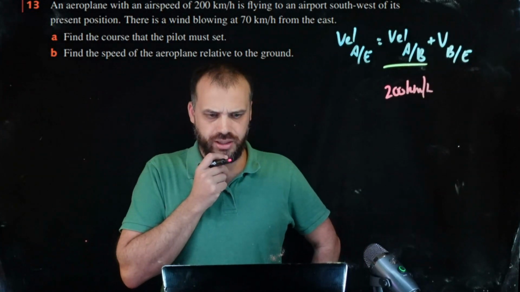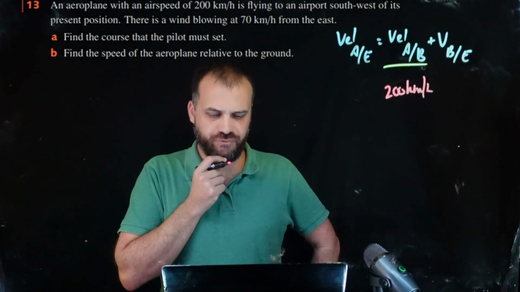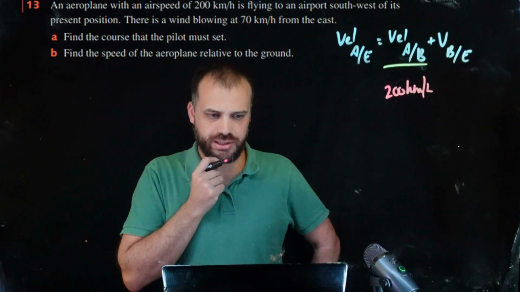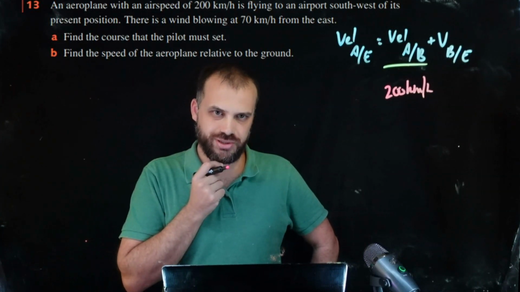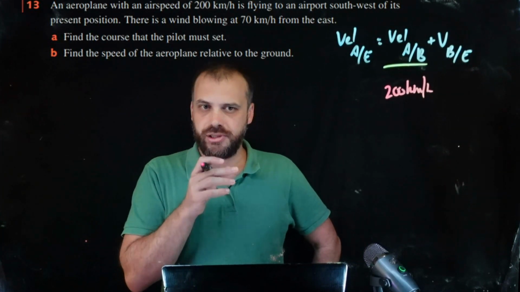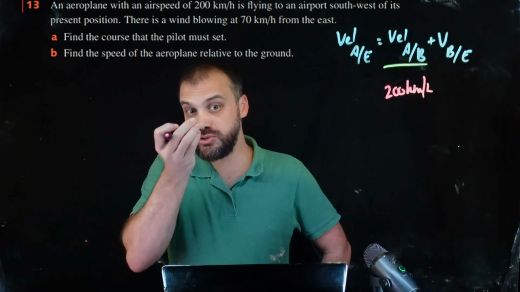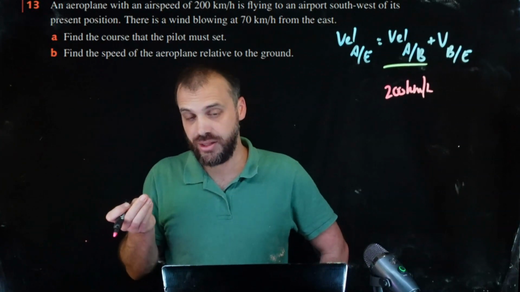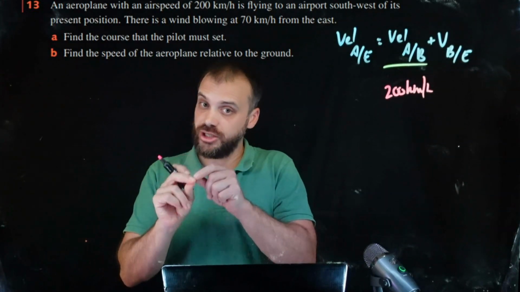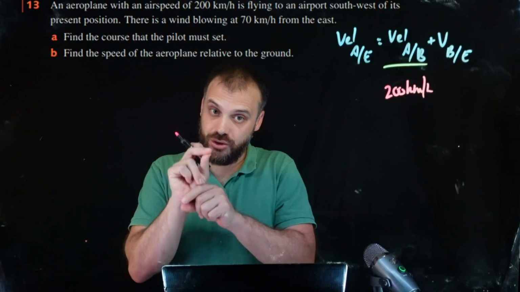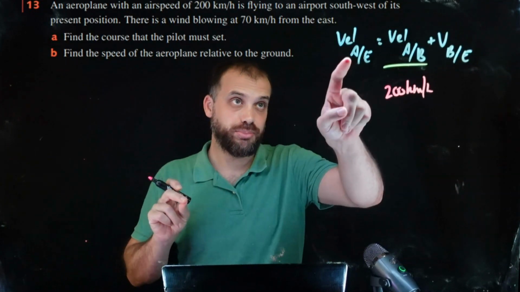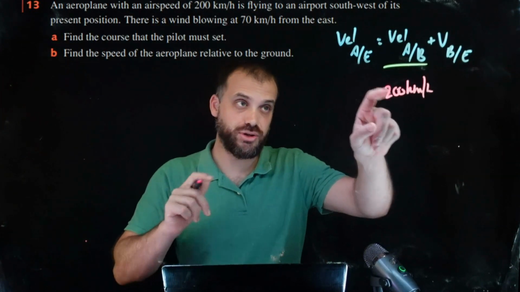Now, the aeroplane is flying to an airport southwest of its present position. Okay, so if a plane wants to go southwest, that is a direction relative to the Earth. The plane relative to the Earth.